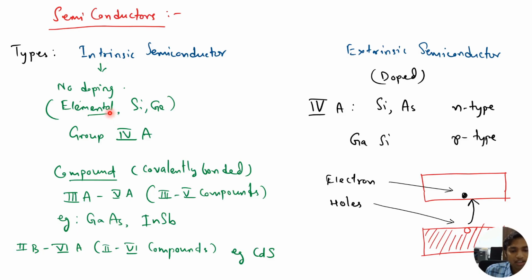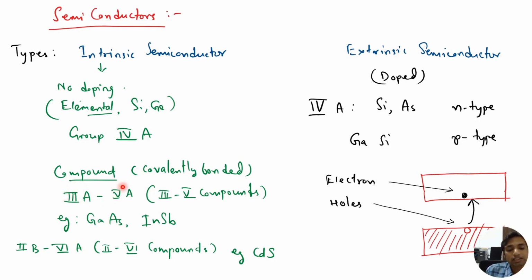So the elemental semiconductors are silicon and germanium. These are group 4A elements in the periodic table. And there are other types of covalently bonded compound semiconductors, for example, gallium arsenide. Gallium is a group 3 element and arsenic is a group 5 element.